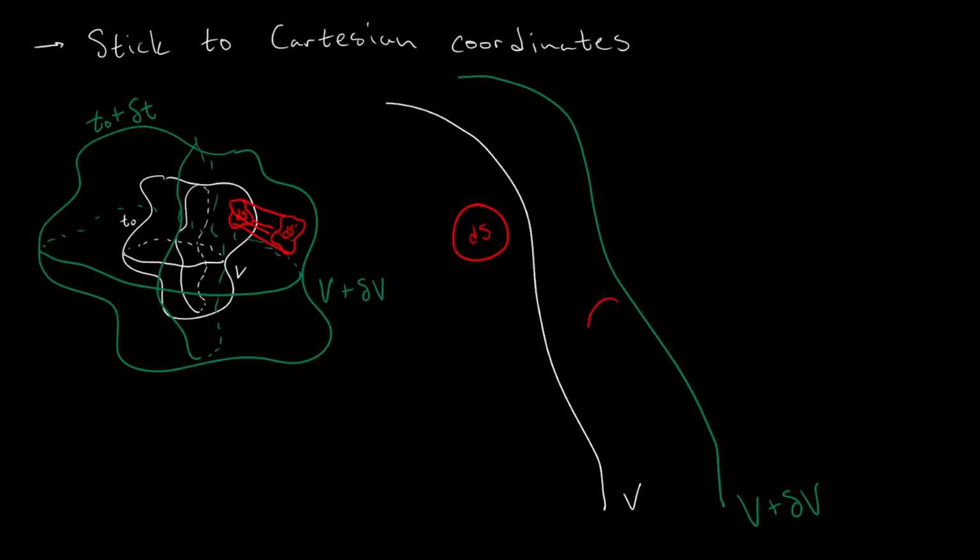And maybe it evolves to here after some time. And actually, I'm going to just erase the ds, so I can track this by drawing something that's going to look like a cylinder, but it doesn't necessarily have to be a cylinder, just to give you the idea.